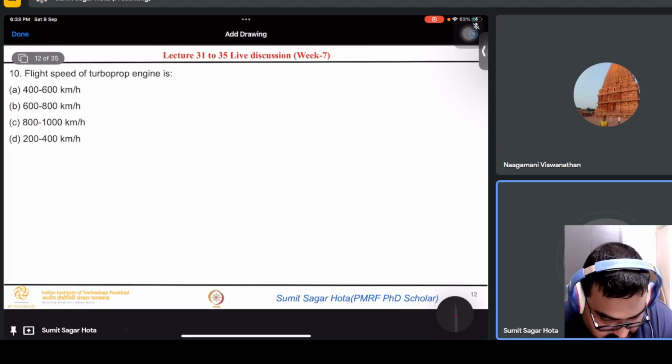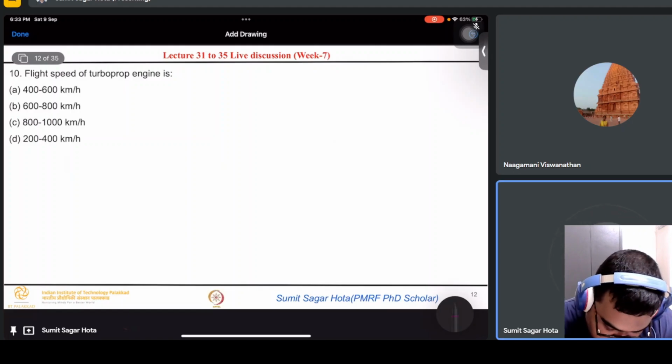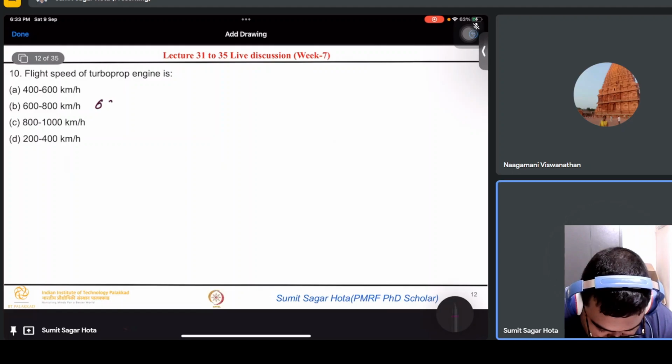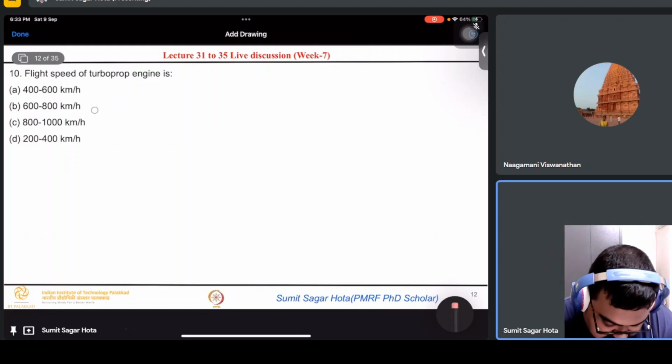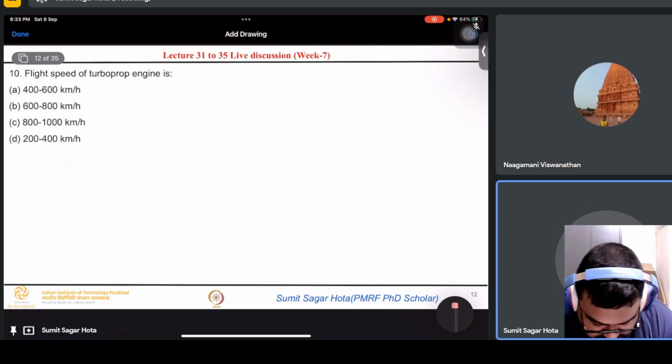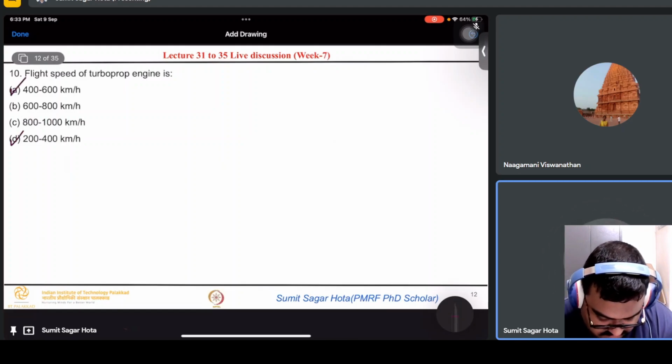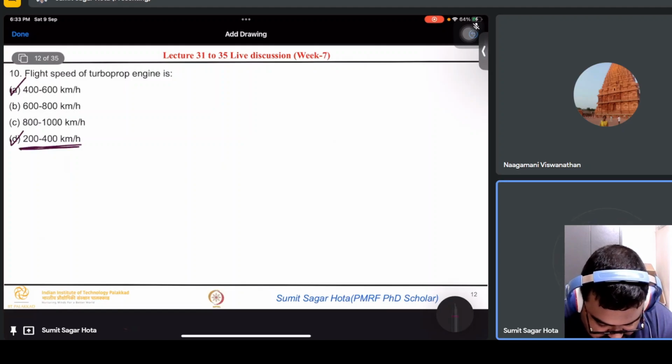The flight speed of a turboprop engine is what? Always remember the flight speed is never more than 600 in a turboprop engine. It does not have a very high flight speed. So 600 means there will be two options, maybe A or D. 200 to 400 is not the range either; maybe a ramjet would lie on that side, somewhat more advanced.